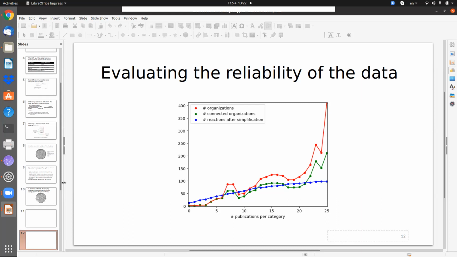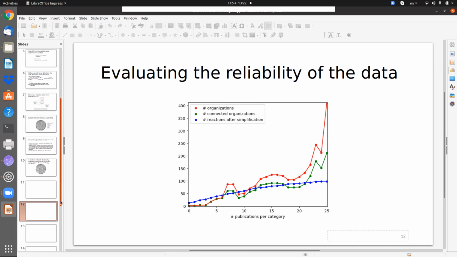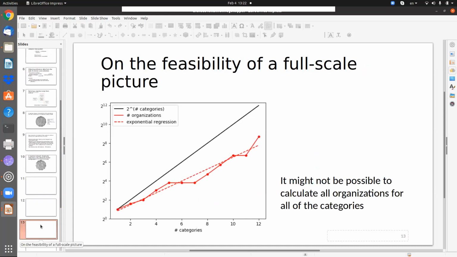The last thing I did was... still can't get forward here. As I didn't have the data to do a full-scale picture, I still wanted to have some thoughts on it, and wanted to think about whether it's possible at all to have this full-scale picture with 254 different species.